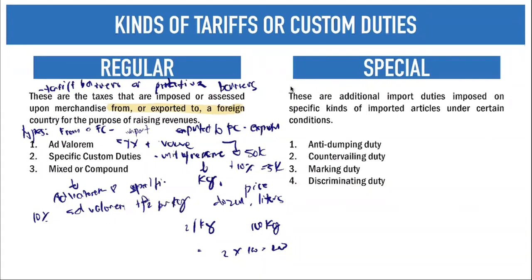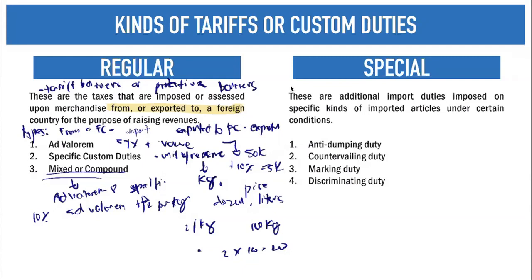A while back, our example in ad valorem was 10% only, and specific was per piece, per unit, per kilogram. For mixed or compound, there is ad valorem and at the same time, it is specific. So you combine now ad valorem and specific.